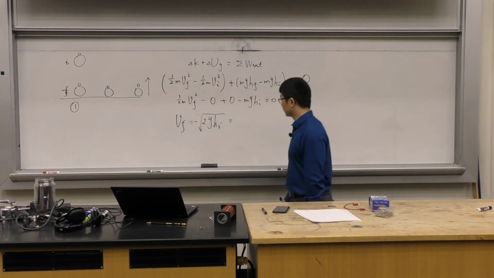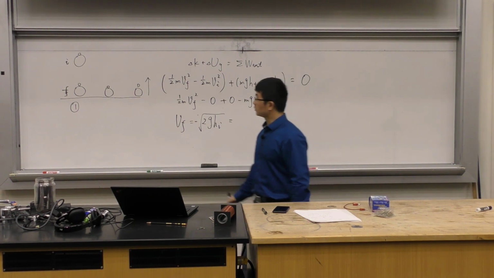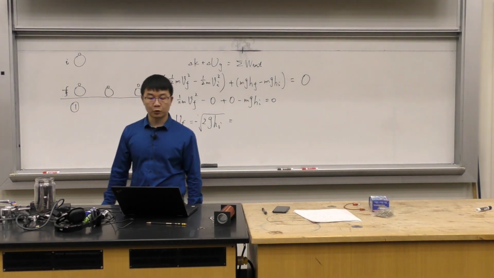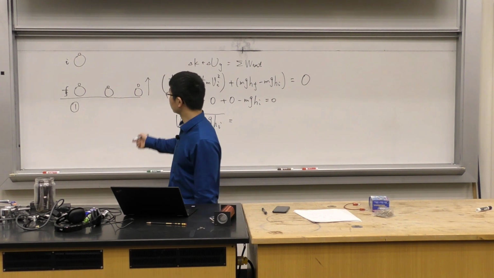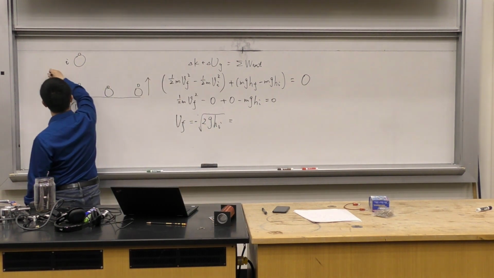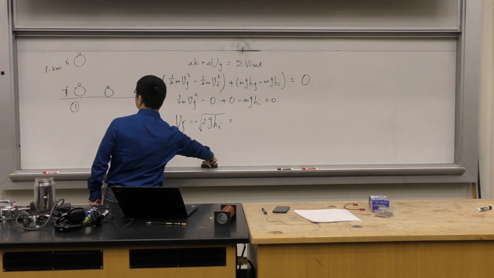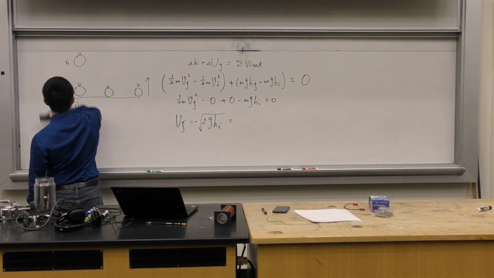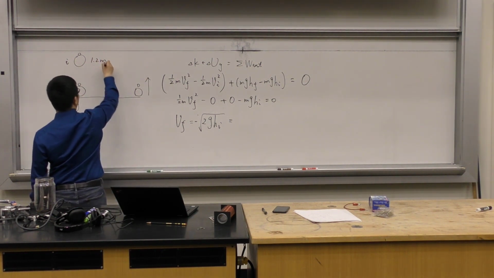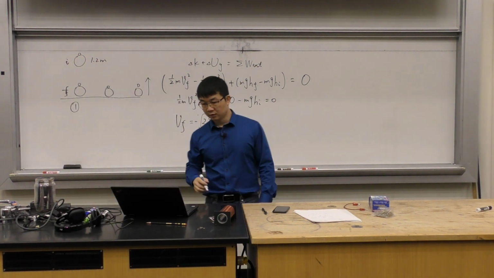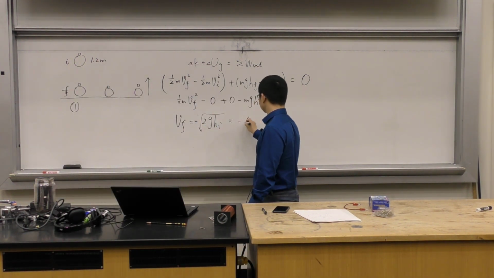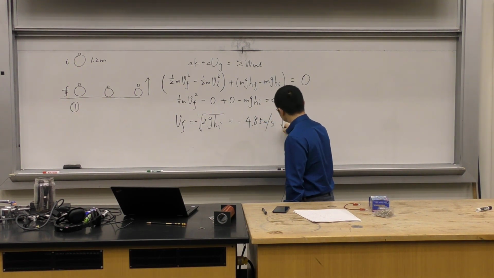So in this case, you plug numbers in. The initial height is just going to be 1.2 meters from the problem, because they dropped from 1.2 meters. Okay, you plug the numbers in, and this negative sign just means the direction is down.